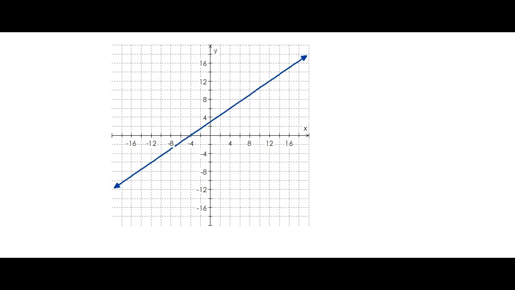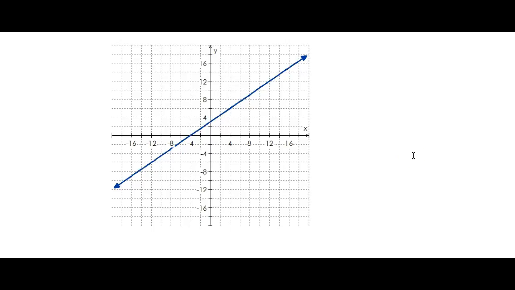So let me show you how you can go about calculating the slope of a line. So here I have a 4-quadrant grid, and so I have to remember that there's some negative values here and some positive values right over here.